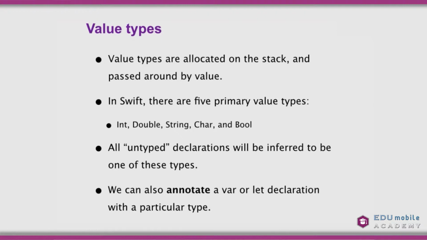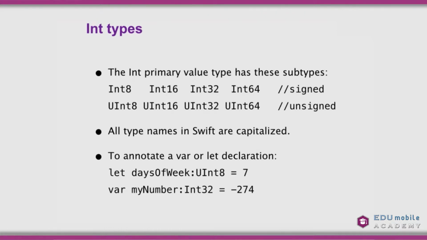We can also annotate a var or a let declaration with a particular type. So how does that look? Well, the primary type for an integer is int. However, we have subtypes. We have int8, which is an 8-bit integer, a 16-bit integer, and we have unsigned values for this.